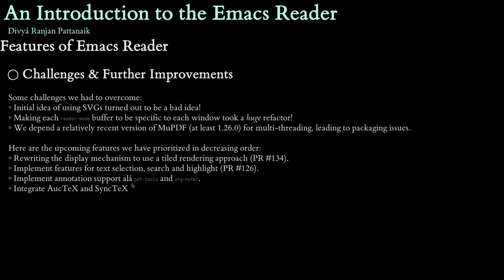The reason to do this is to implement features for text selection, actually. So we can't really do text selection without running into a bunch of memory and other issues, latency issues, if we don't do tiling. So those two things are at the highest priority right now.